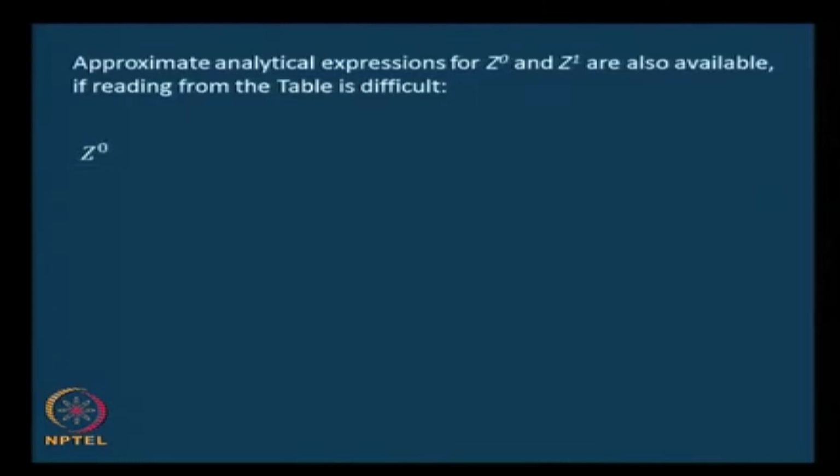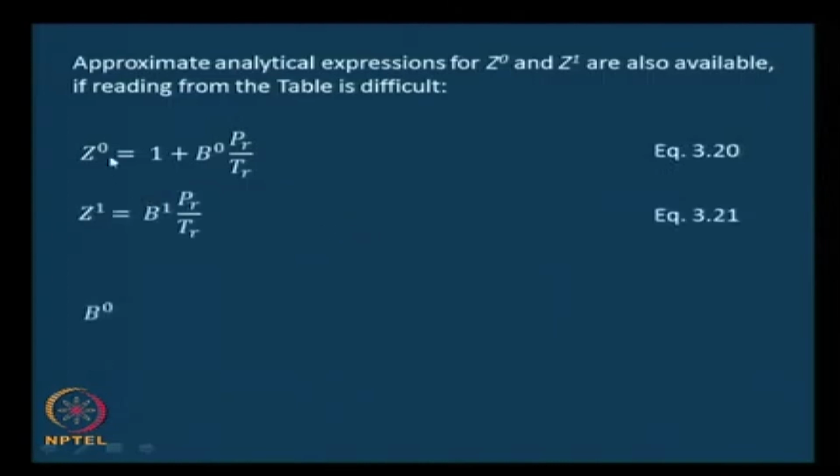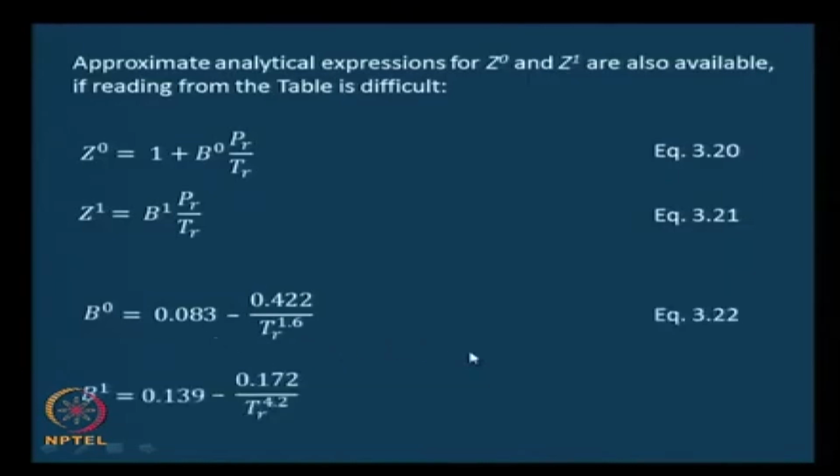Apart from the tables, there are analytical expressions for Z0 and Z1 that are also available. If the table is not available to somebody, one can use these expressions, which are reasonably accurate. Z0 is given in terms of B0, the virial coefficient, and B0 and B1 are given in terms of TR.